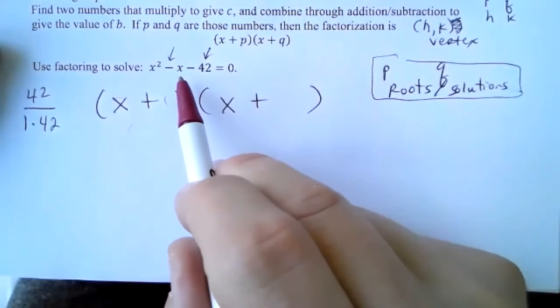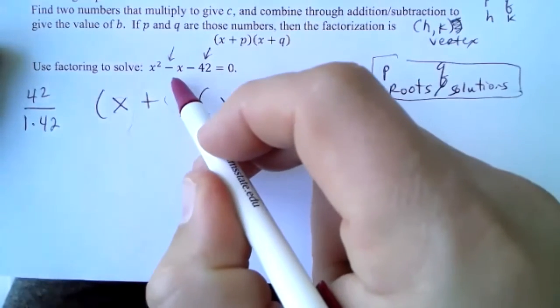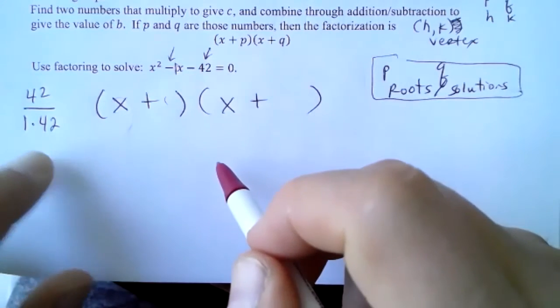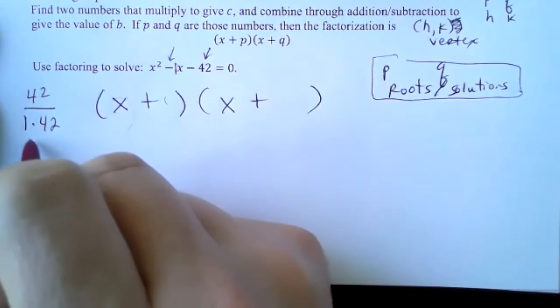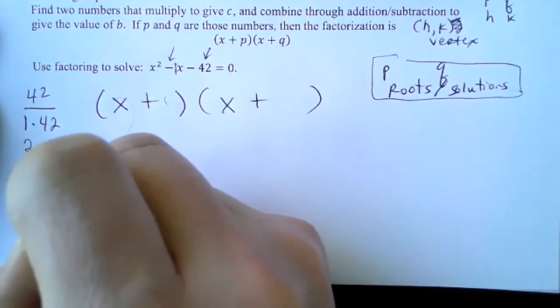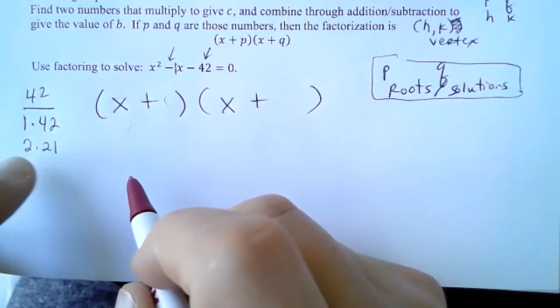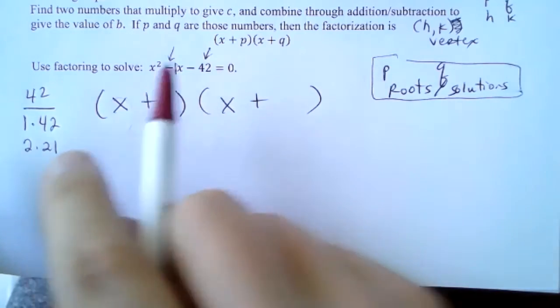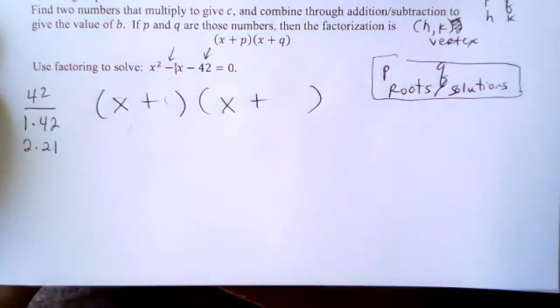And what we're going to do is look for factors with a difference of 1, okay? So watch out for this. So here we go. We're going to go 2 times 21. If you'll notice, we're not there yet. We're looking for factors that are 1 apart from each other. And you could probably already figure it out.